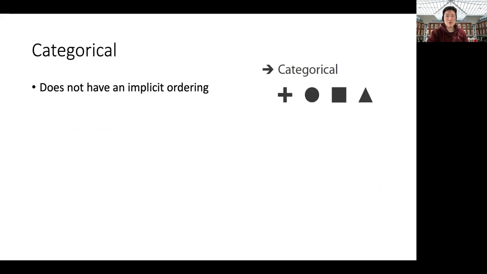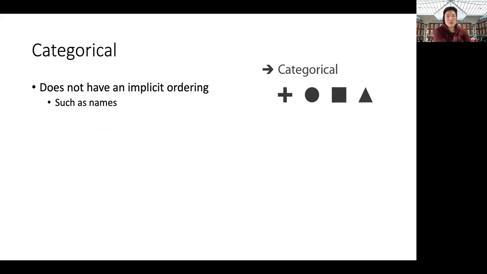And the categorical attribute does not have an implicit ordering. That means there's no ordering between the values for the attribute. Examples include name. The name is mostly made up of letters, and there's no ordering.